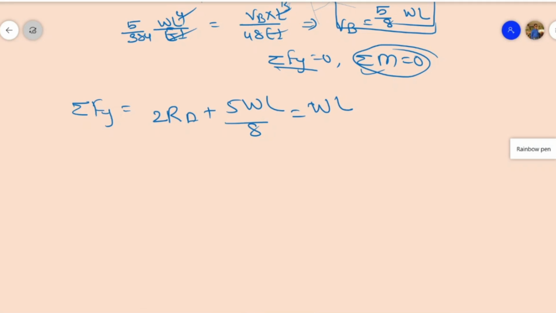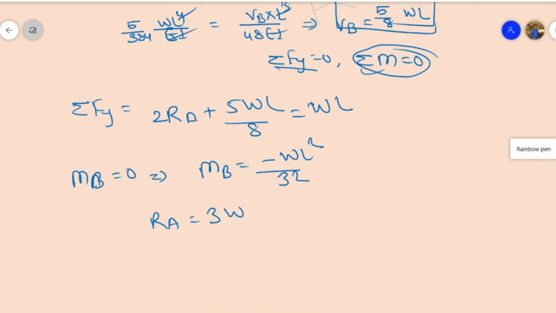And when we take summation of M about B equals 0, from here we will get the MB equation. So the moment at B equals minus WL squared by 32, and Ra you will get 3WL by 16.